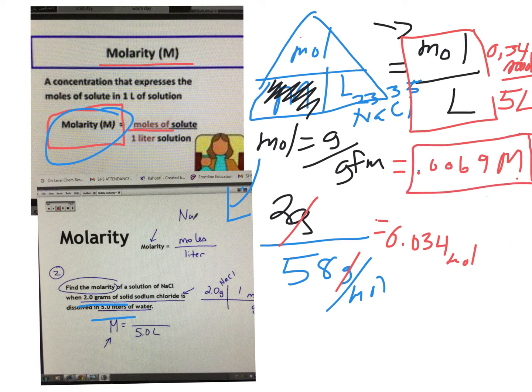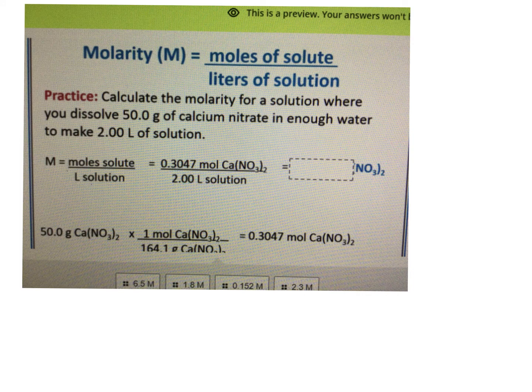Okay, let's go ahead and do some examples right off of your assignment today. And it's going to be part of your practice, which is actually for a grade. All right, so here we go. Here they were also giving you grams. So you have to take those grams, divide by the molar mass of calcium nitrate, and this will give you your moles. So you're going to use these moles up here and divide by the liter that's given to you.